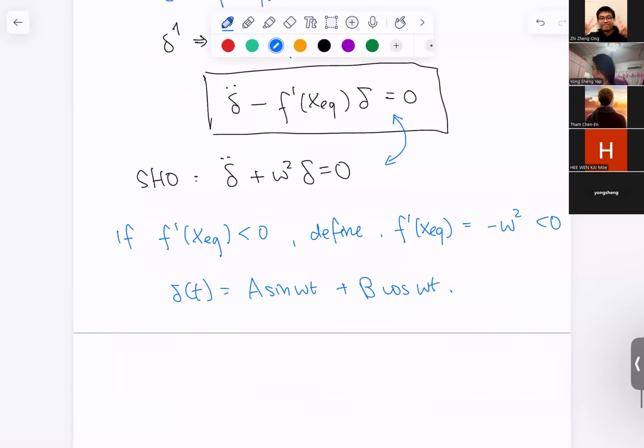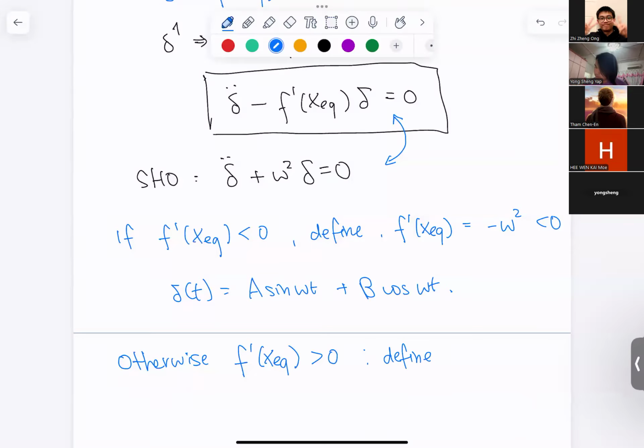In the other case, if f prime of x eq is larger than zero, what happens? Then I can define f prime of x eq, let's not use negative omega squared, let's use equal to lambda squared, that's larger than zero.